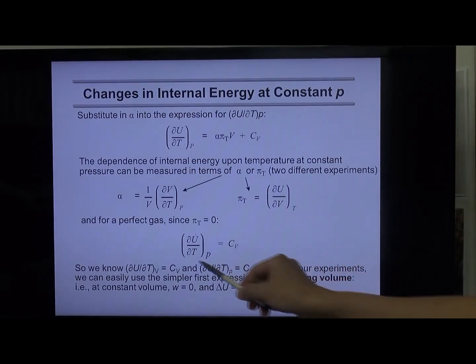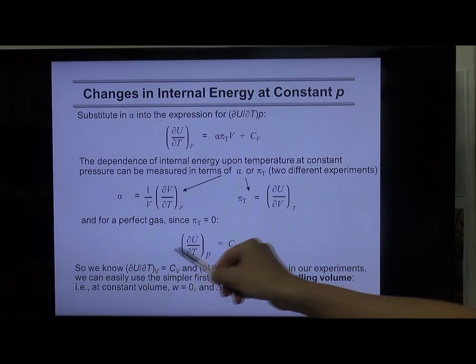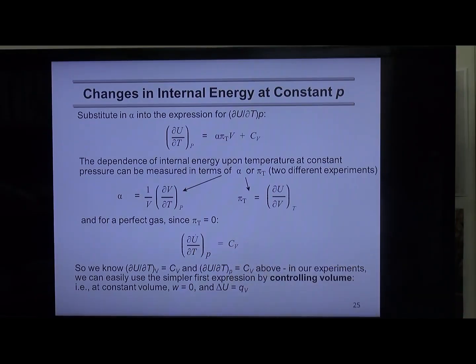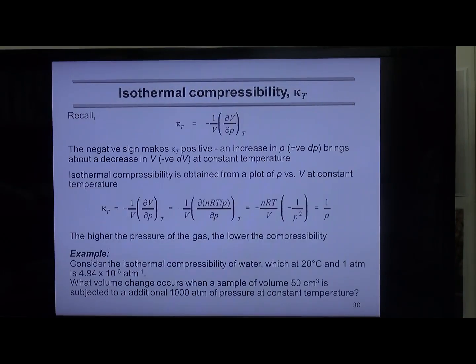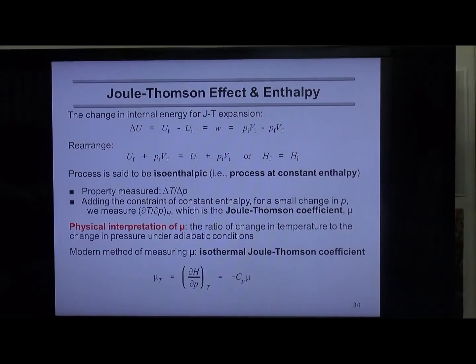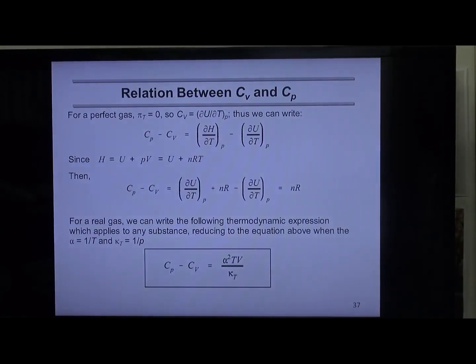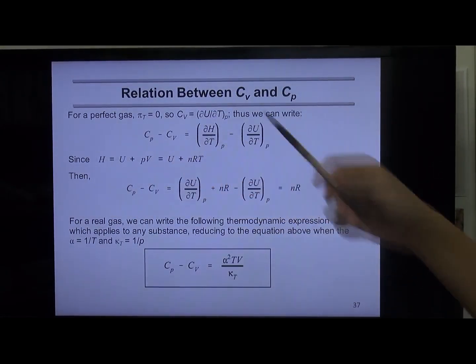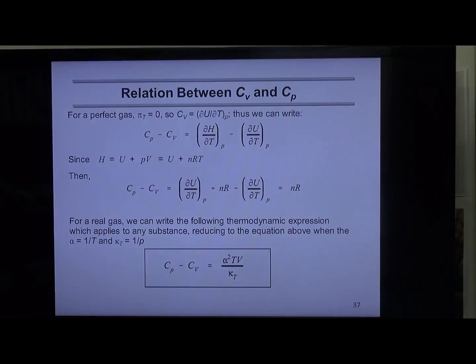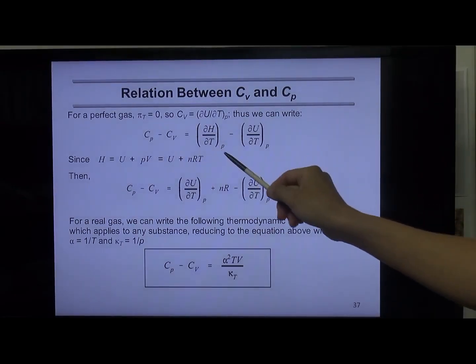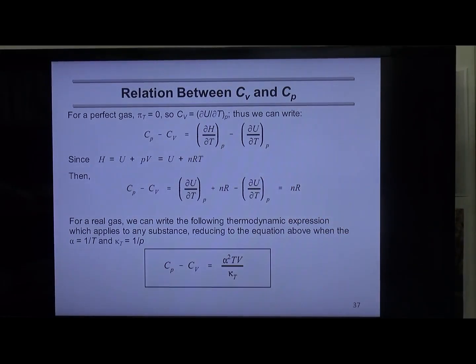So using this relation, you can calculate the difference between Cp and Cv as this. Same condition, same constant pressure.